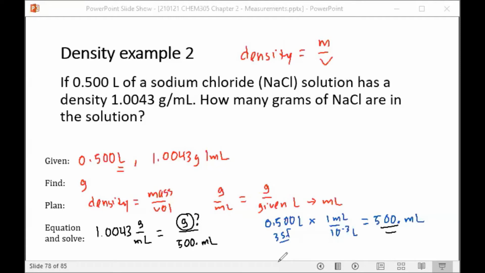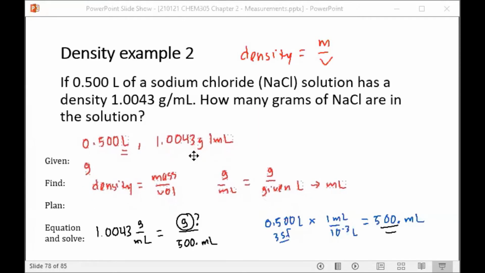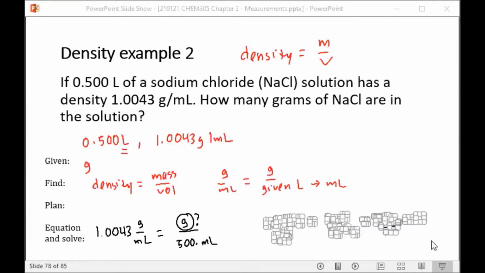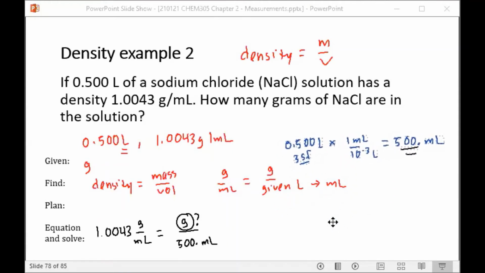So we need to rearrange this equation to solve for grams. This should be review from algebra class. To get grams by itself on one side of the equation so you can solve for it, to get rid of this 500 in the denominator, you need to multiply both sides by 500.